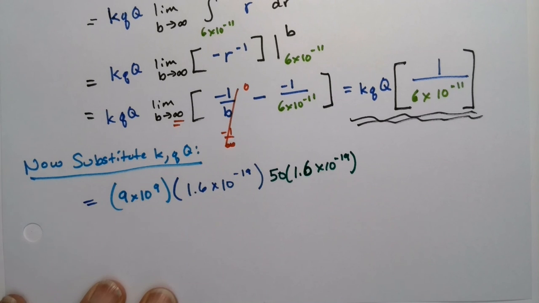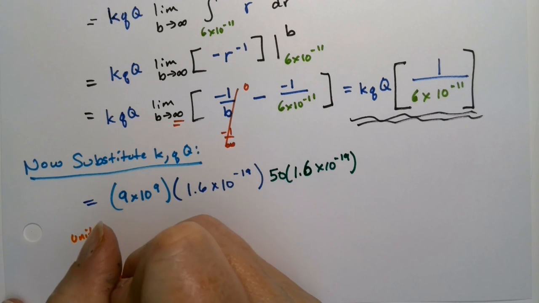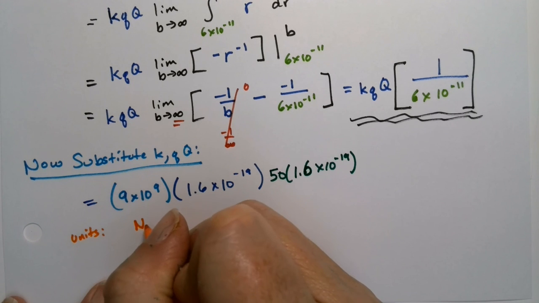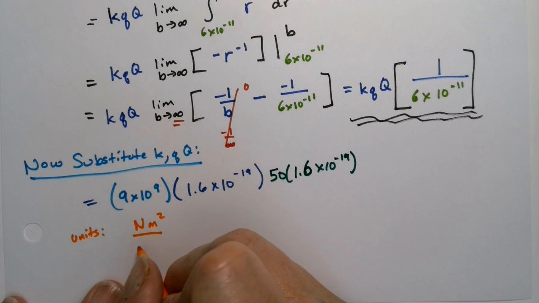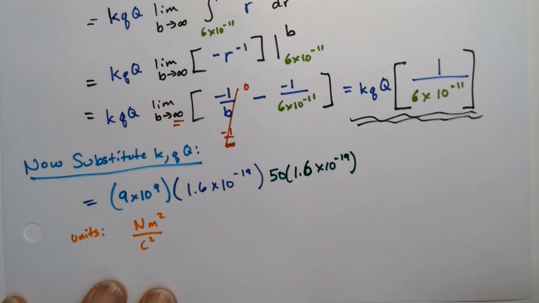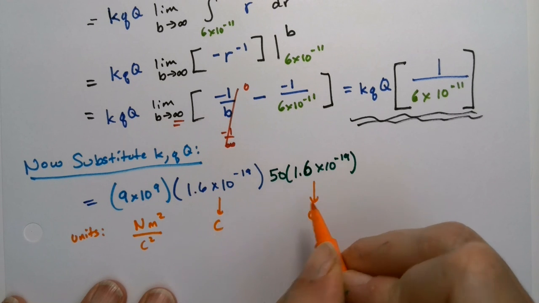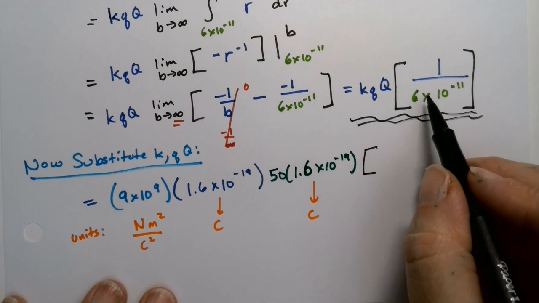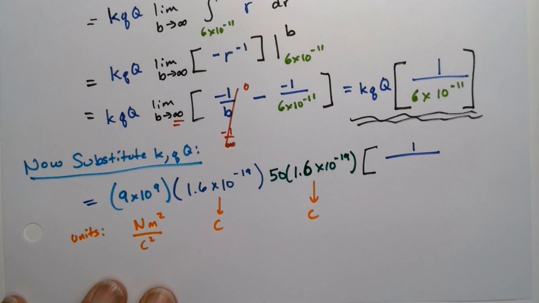And then they also want us to look at the units. So let's look at the units real quick. This one is in Newton meter squared over coulomb squared. This one is in coulombs. This one is in coulombs. Oh, and I forgot the last piece of it: 1 over 6 times 10 to the negative 11.